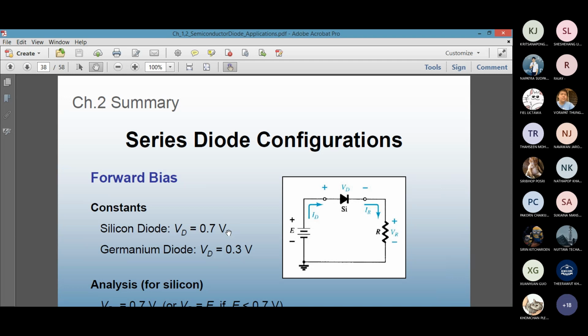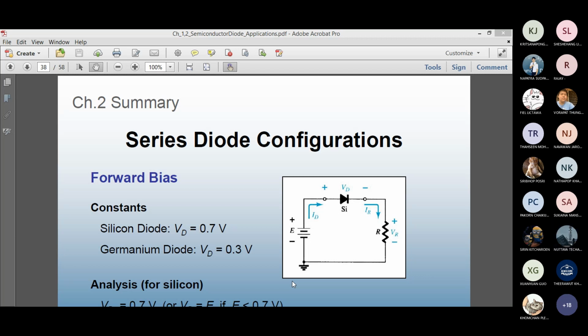When the load line intersects the characteristic curve, what do we call that point? Pakon? Yes, sir. What do you call the point where the load line joins the characteristic curve? How about Nataya?